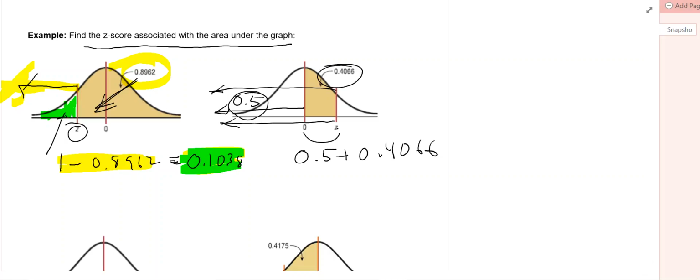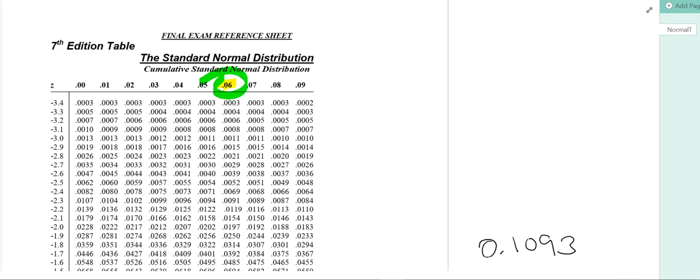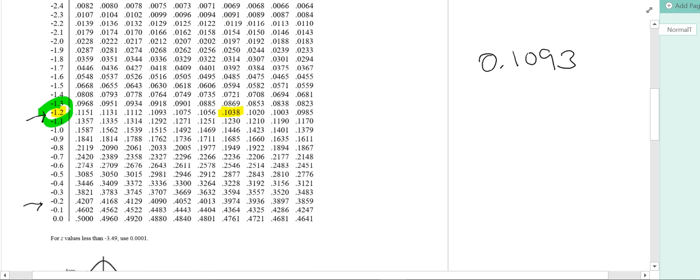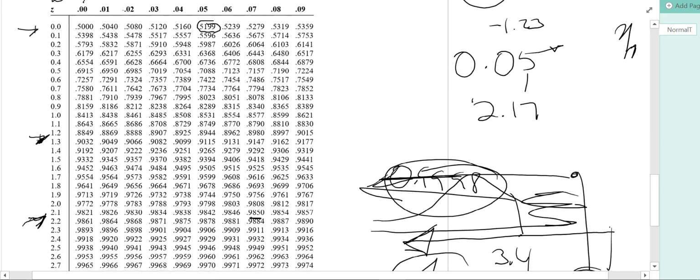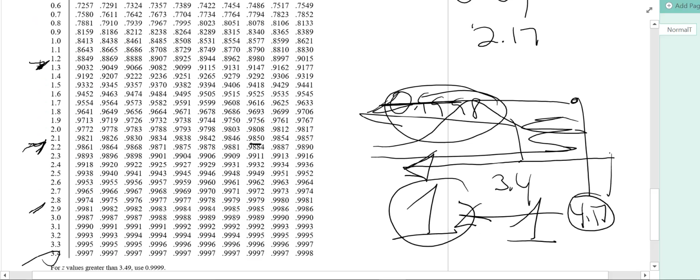Anyway, so I'm going to look up the area 0.9066. I'm looking for the area, meaning probability. And I look up 0.9066, and there it is. Let me get my color marker out. There it is. So looking backwards, 1.3.